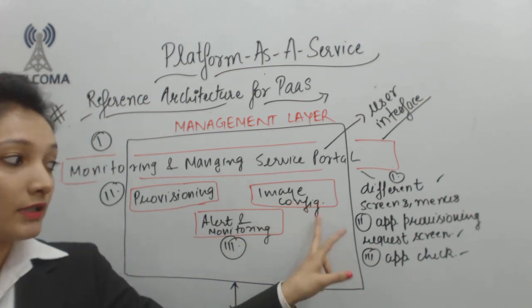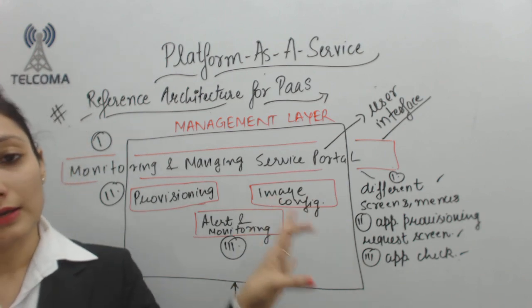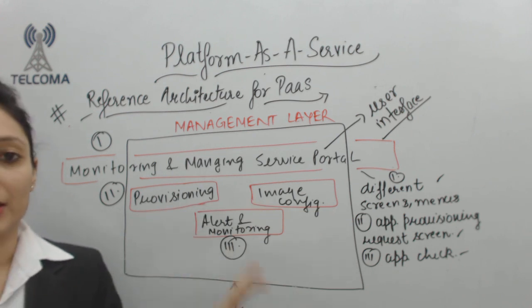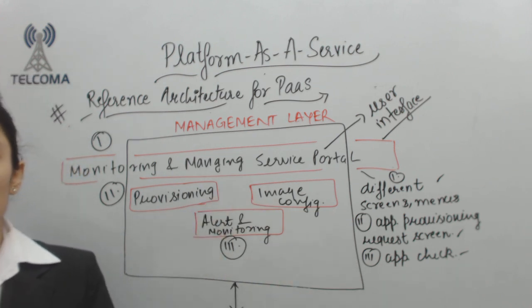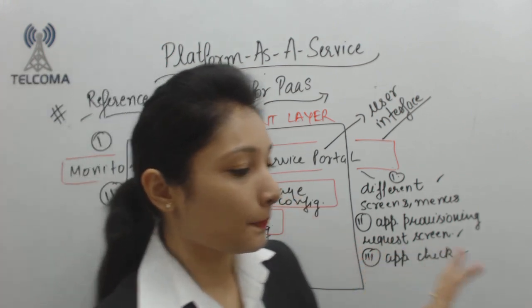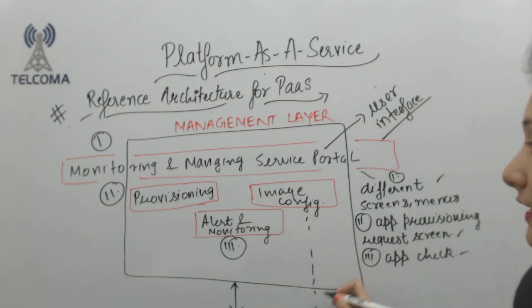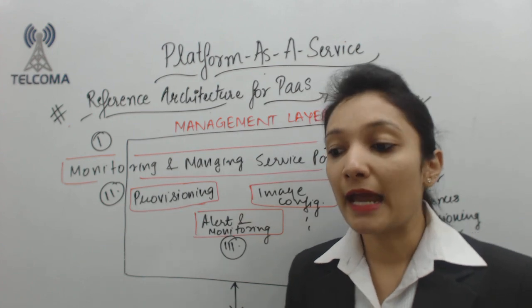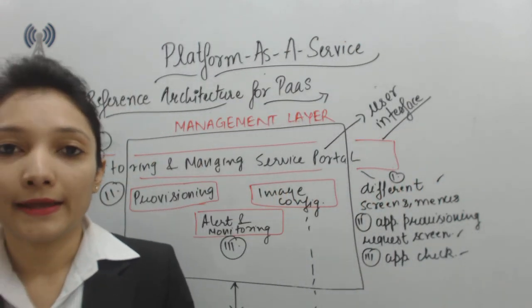That means for this component, you require a reliable storage platform to store those application images. Secondly, it should have the provision to create new images and map them to the VM profile. Now, this component is related to the virtualized infrastructure because it is responsible for storing the various images and then mapping them to the virtual machine profile.